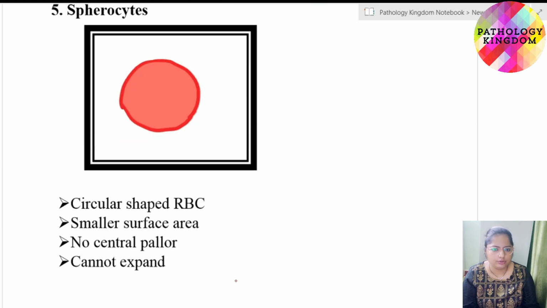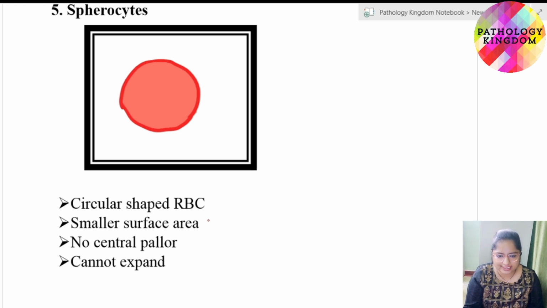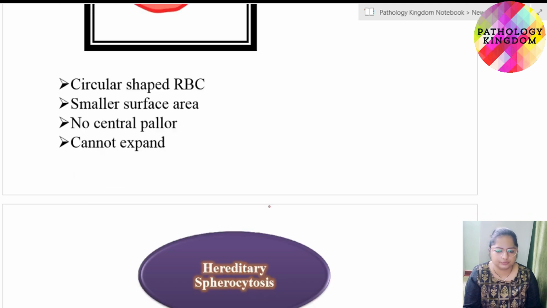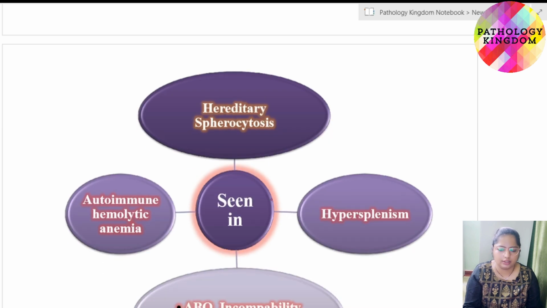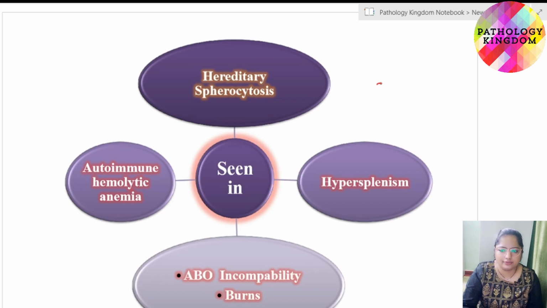Now coming on to spherocytes. They are circular shaped RBCs, with smaller surface area and no central pallor, as you can see, and they cannot expand. Now the conditions in which spherocytes are seen.